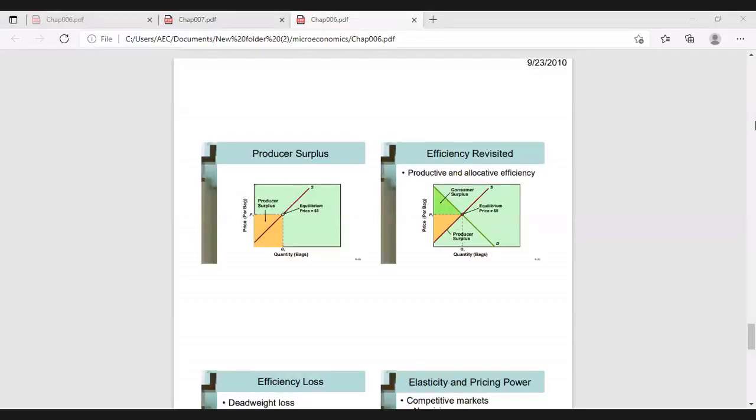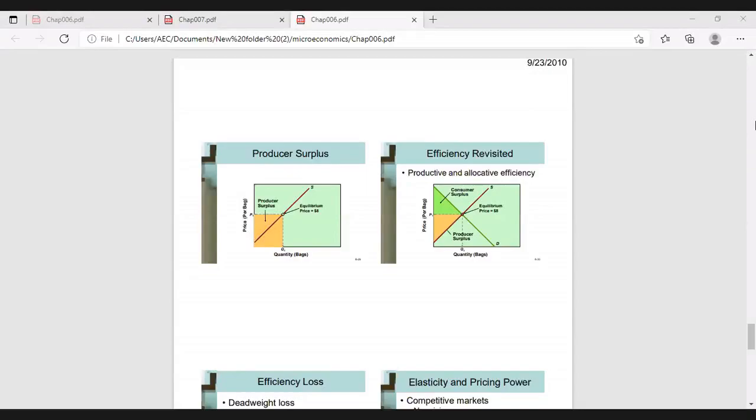So this equilibrium quantity reflects the level of this product relative to other goods. In the first lecture we studied that we have limited resources. We have to allocate these resources among the commodities we want to produce.